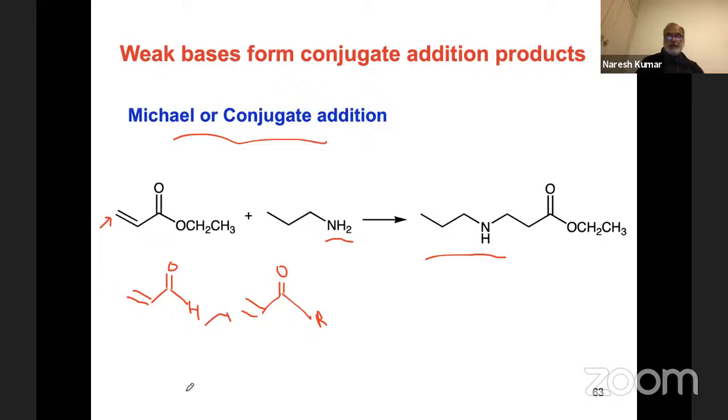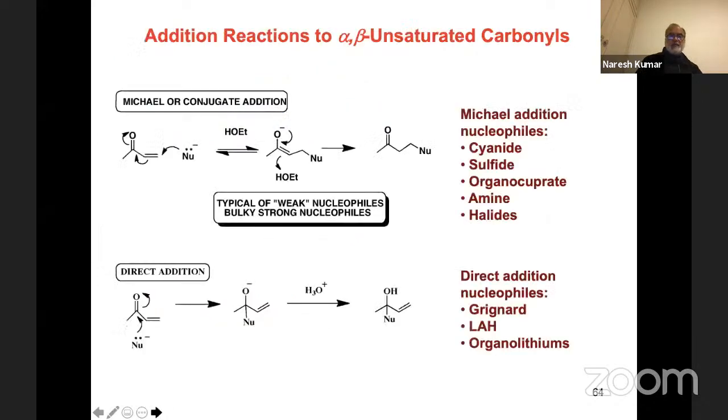So just to give you a list of where the Michael addition reaction is going to happen and where direct addition is going to happen, it depends upon the nature of the nucleophile you have.